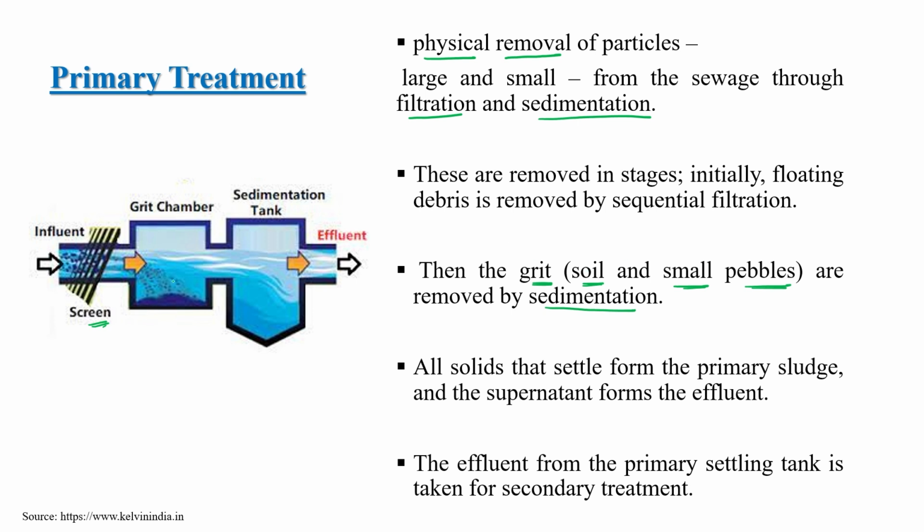What happens when all the solids settle down in the grit chamber? The upper part contains only the supernatant part, or we can use the term effluent for the same. It passes from the grit chamber to the sedimentation tank. All solids settle as primary sludge and the supernatant forms the effluent.